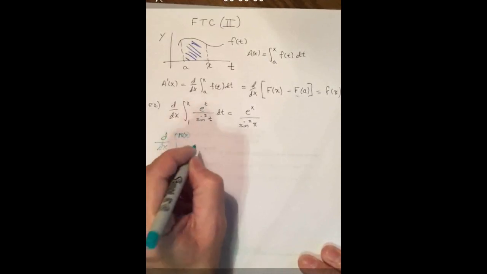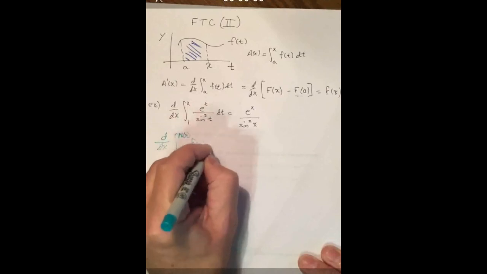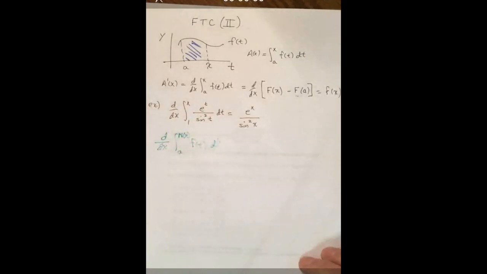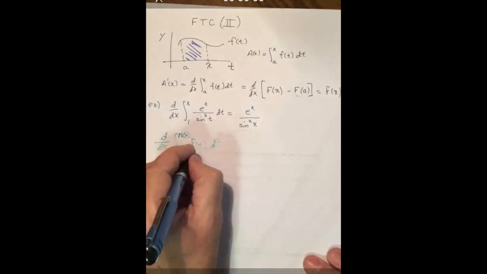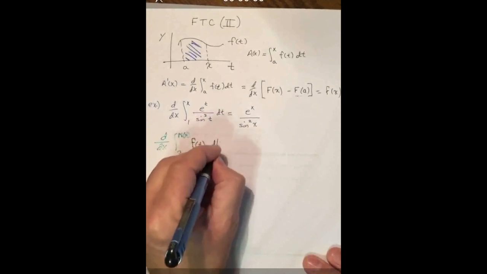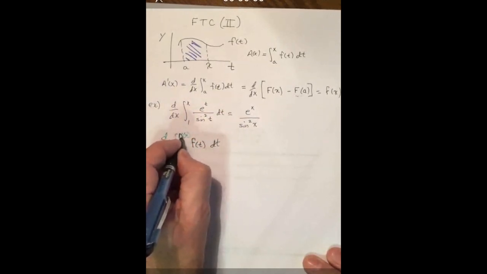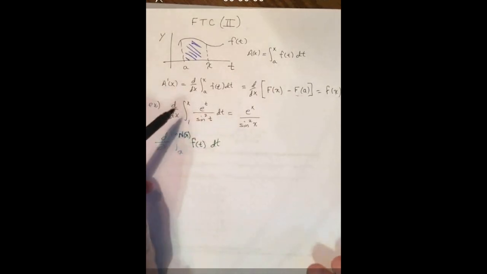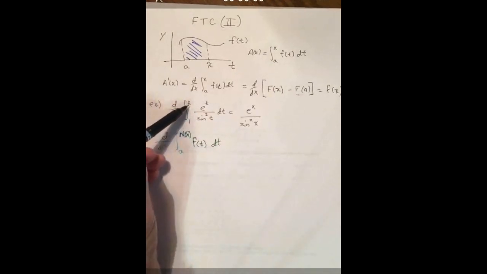See, that's going to be the real question. What are we going to get when this is some function, say capital N of x? How do we proceed when this is some function other than just an x?